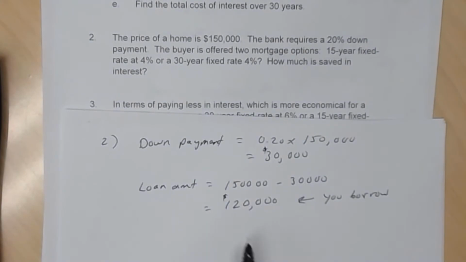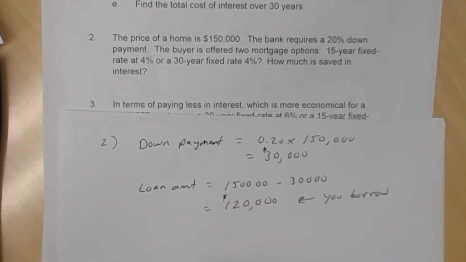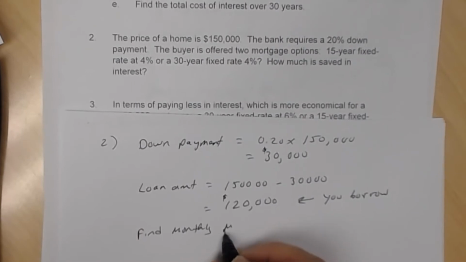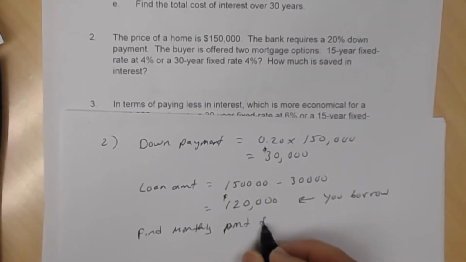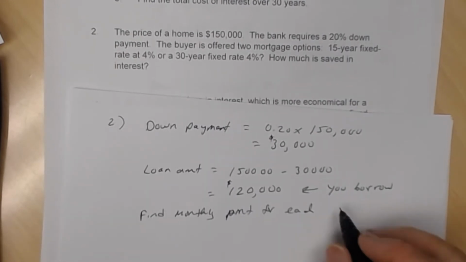Okay, now let's see what your monthly payment will be. All right? We use this formula. So let's do the 15-year. What we're doing now is finding the monthly payment for each option.